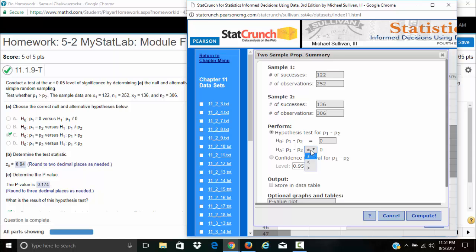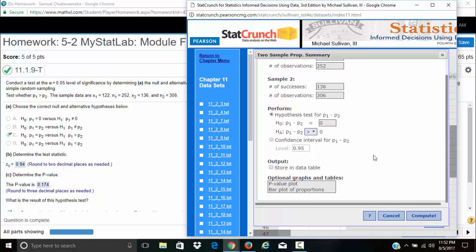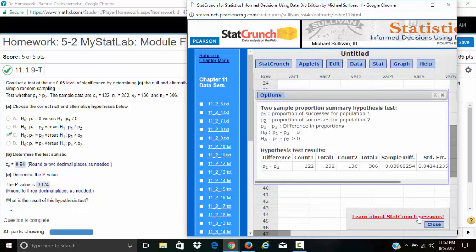You want to set this to greater than, because P1 is greater than P2. If you move the minus P2 to the right-hand side, it will be P1 greater than P2. So you really want to make sure you select greater than here, and you just click compute.